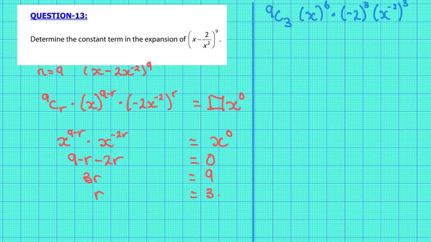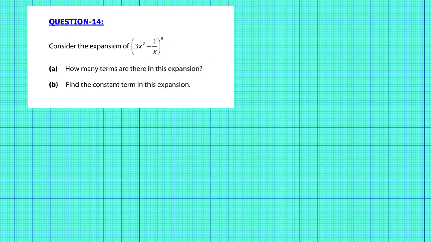When multiplied out, gives me 84 times x to the power of 6 times minus 8 times 1 over x to the power of 6. They cancel, giving me a constant term of minus 672.